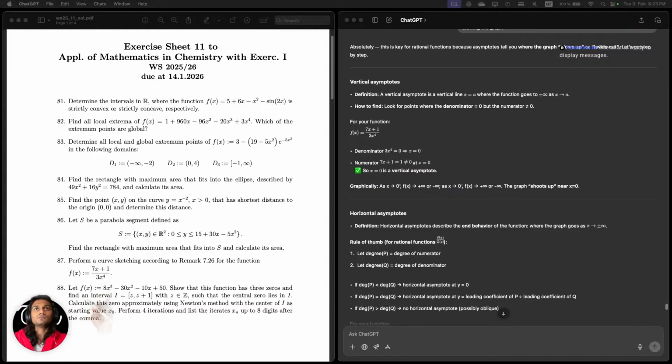If degree of p is greater than degree of q, horizontal asymptote at y equals 0.